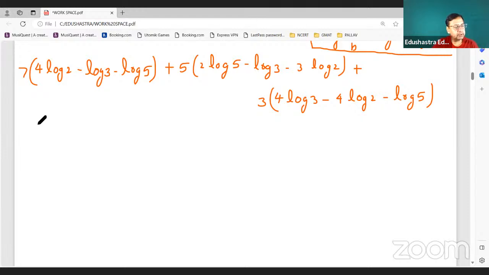Yes, everyone, give me some answer, some value here. Yes. So the final answer is coming out to be log 2. Cancelling all the similar terms, final answer is coming out to be log 2.